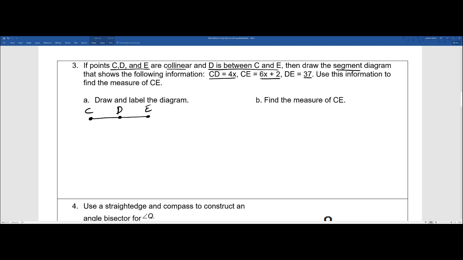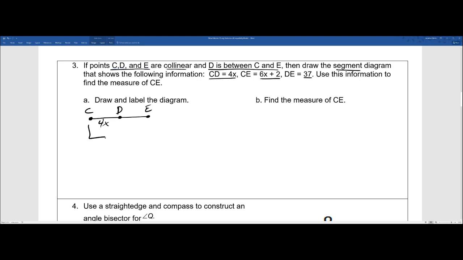To make this work, because algebraically it's kind of a mess, I'm going to change something. I want to change CE. Let me make sure I do this right. Oh no, we fixed it. Go team. Now, CD, they tell us, is 4x, which is the algebraic expression for that little line segment.